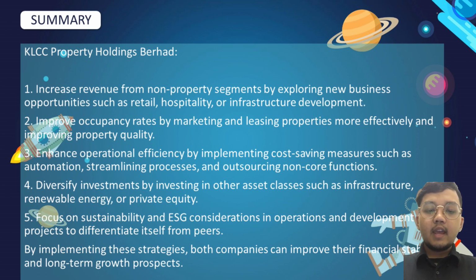Fourth, diversify investment by investing in other asset classes such as infrastructure, renewable energy, or private equity. Number 5, focus on sustainability and ESG considerations in operations and development projects to differentiate itself from peers. By implementing these strategies, both companies can improve their financial stability and long-term growth prospects.